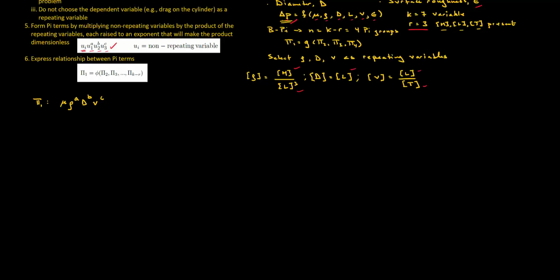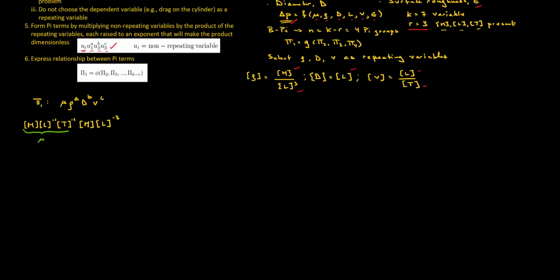So for the dynamic viscosity mu, we have the mass multiplied by L to the negative 1 multiplied by time to the negative 1. So this is mu. Then we multiplied by the density, so the density is a mass multiplied by L to the negative 3.